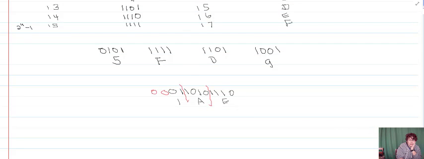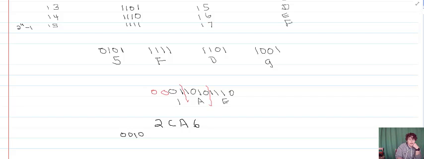So that's converting back and forth between binary and hexadecimal. Going from hexadecimal to binary is just as easy. Let's say I have 2CA6. I find the binary for 2, which is 0010. The binary for C: A, B, C, 10, 11, 12.